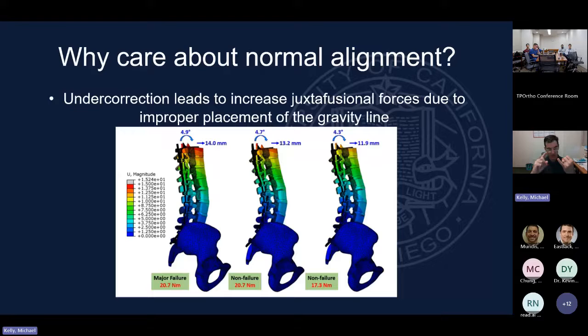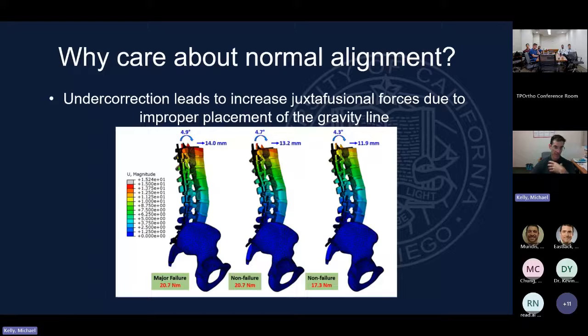And discs, we know, have a nucleus that's good at compression resistance and an annulus that's woven like a basket weave that is good for rotational stability. But there is no component of the disc that is any good for shear. That's why we get high-grade spondylolistheses and things like that. So as you flatten someone and they become mobile and they stand up and try to maintain the cone of economy, they will develop shear within the adjacent segments and increase their risk of a proximal failure.